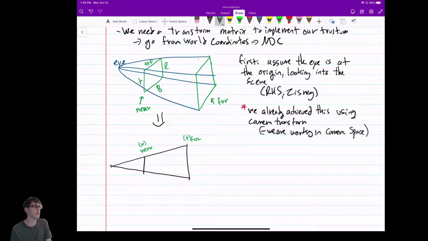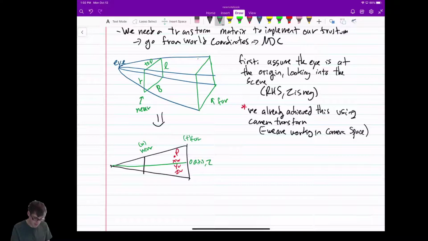Sure, why not? Okay. Now what I'm going to do is I'm going to highlight that if I have a point here in space called P, which has X world, Y world, and Z world coordinates, I'm going to highlight something here. Actually, I'm first going to draw in our axis. So this is our axis, our 0, 0 axis, okay?